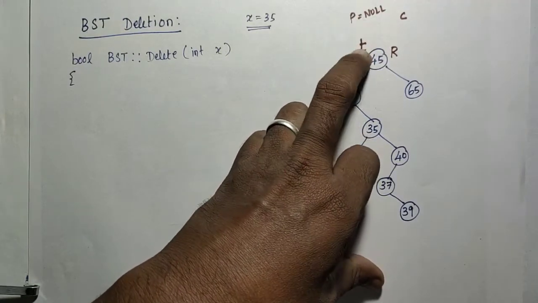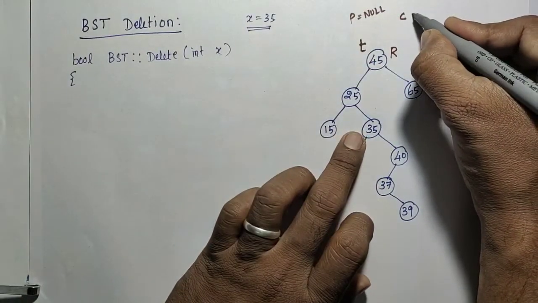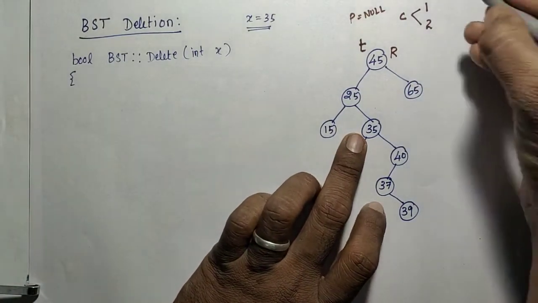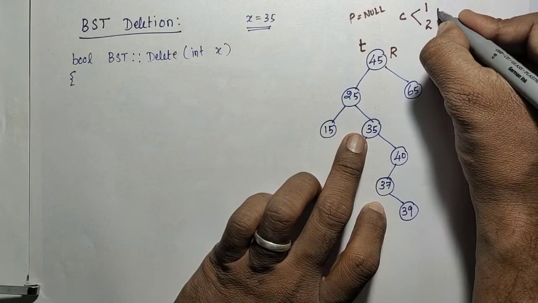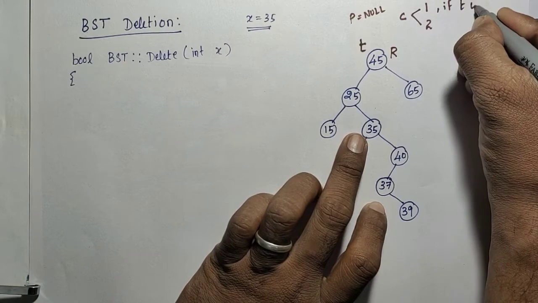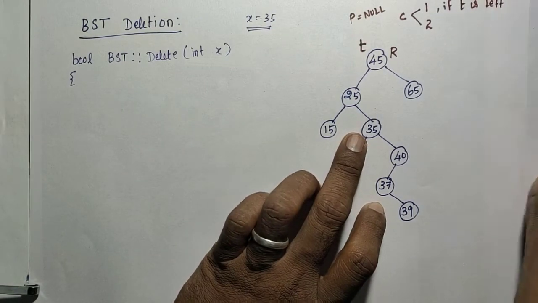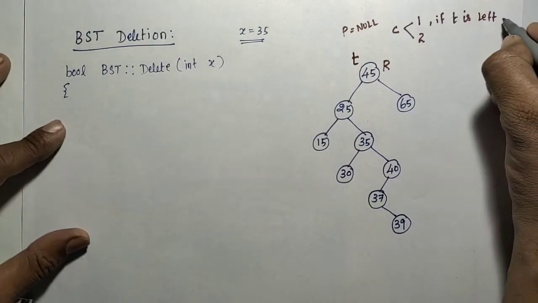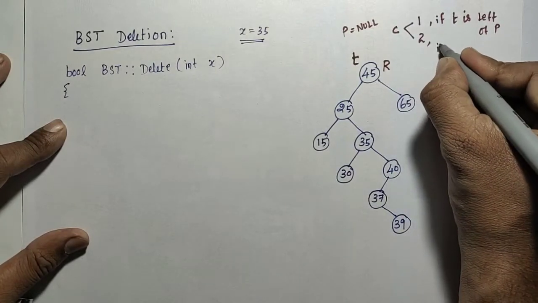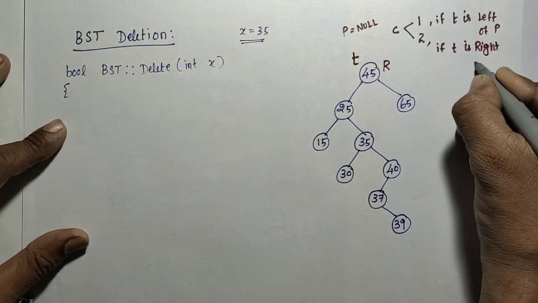So the c is either 1 or 2. 1 means t is left of the p. 2 means t is right of p.